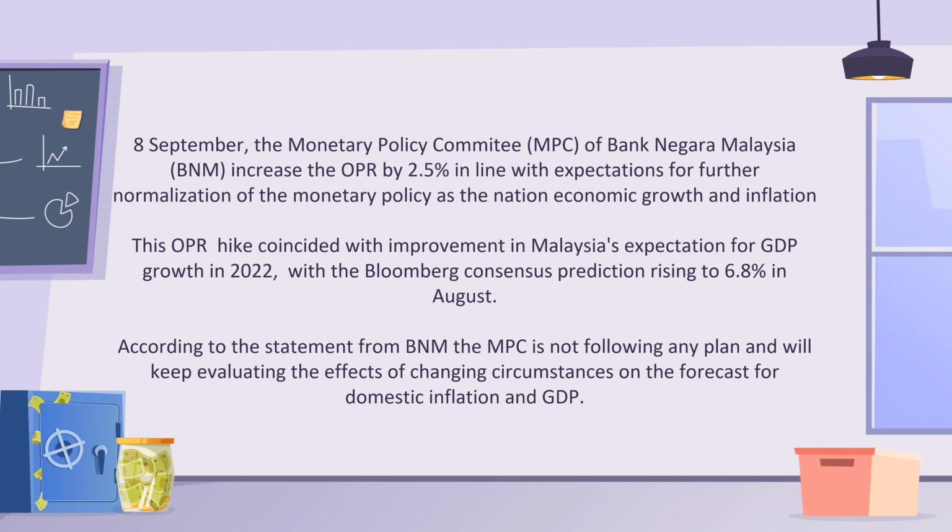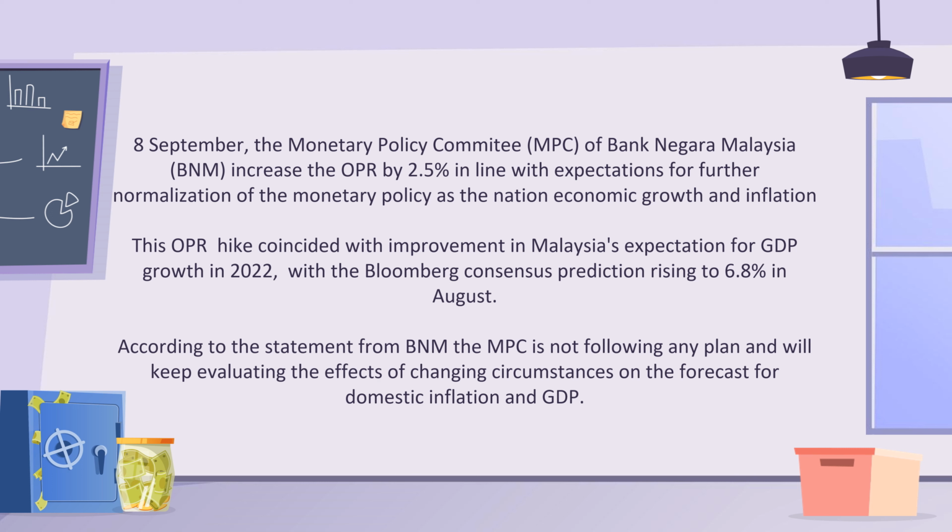On 8 September, the Monetary Policy Committee, MPC, of Bank Negara Malaysia (BNM) increased the OPR by 2.5% in line with expectation for further normalization of the monetary policy as the nation's economic growth and inflation fall.